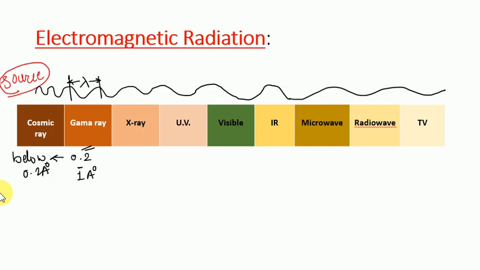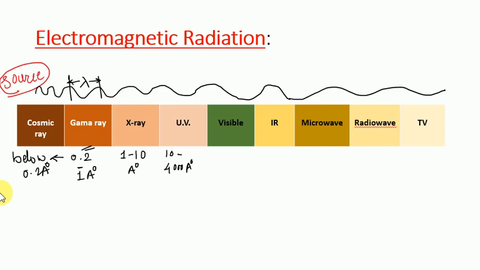Then the X-ray ranges from 1 to 10 angstrom. Then the UV range is from 10 to 4000 angstrom.